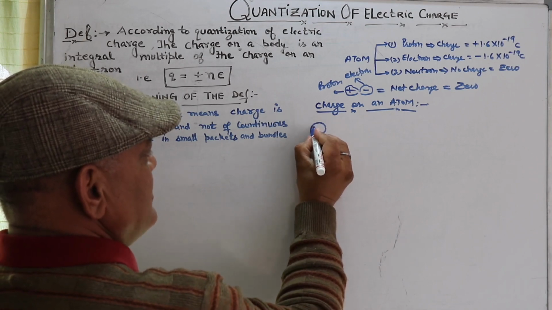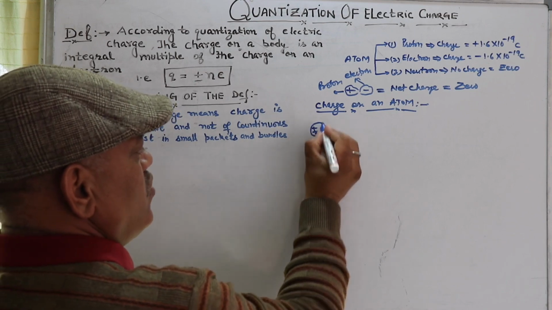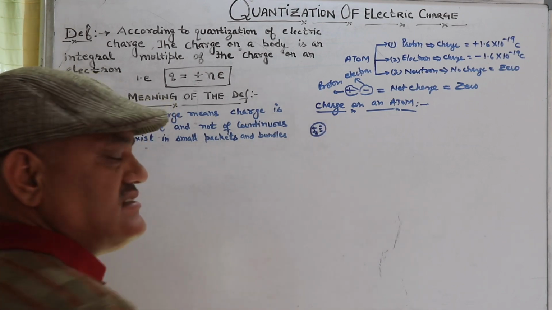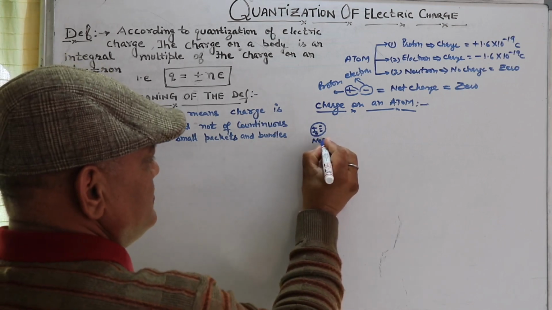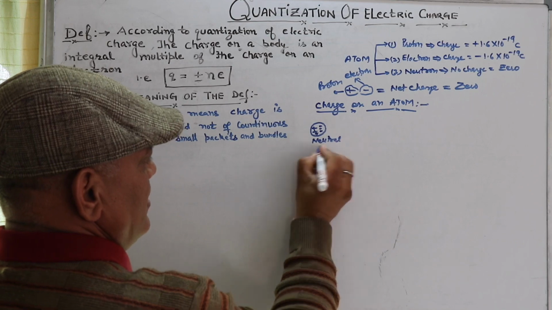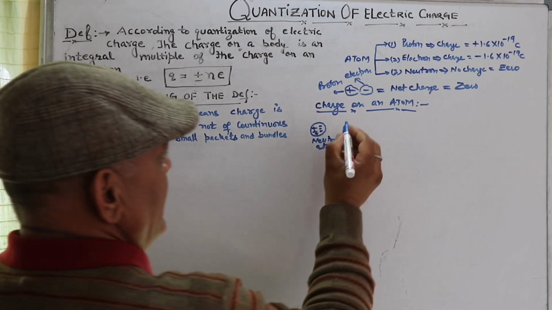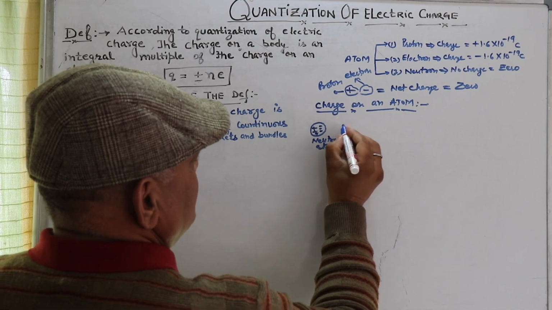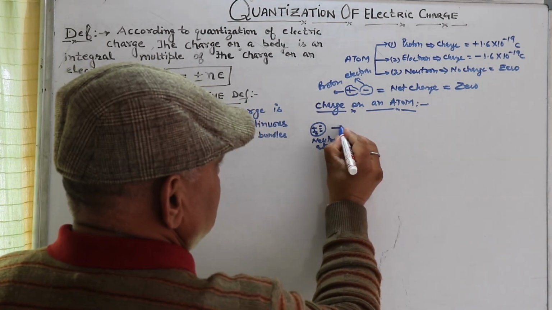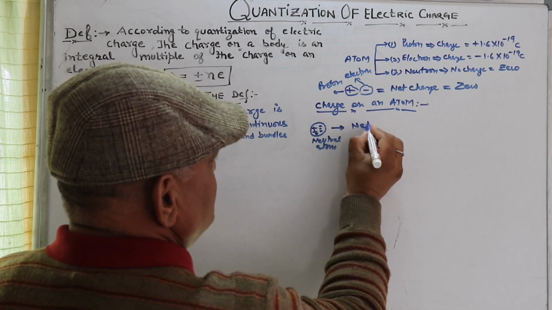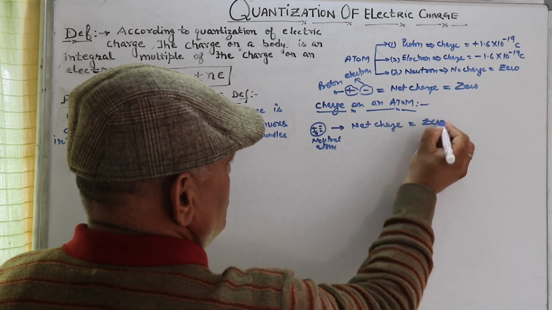Let us consider an atom which has 3 protons and 3 electrons, that is neutral. This is a neutral atom, and this atom has net charge equal to 0.